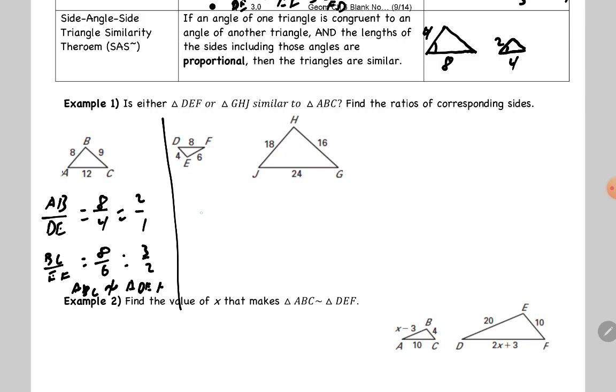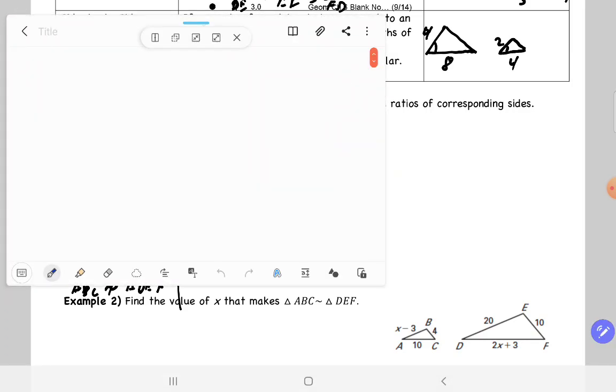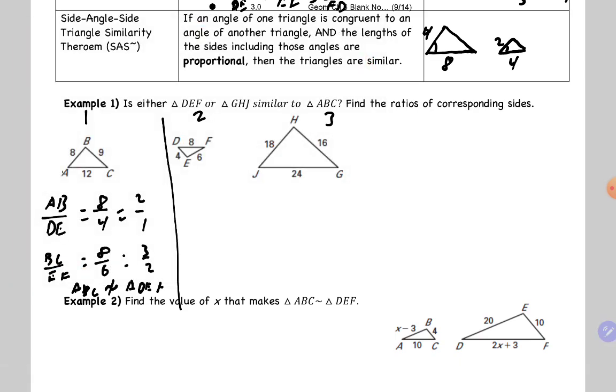Let's try the right two triangles. Let's call them 1, 2, 3. Let's try the 2 and 3 combination. DE over GH is 4 over 16, which is 1/4.